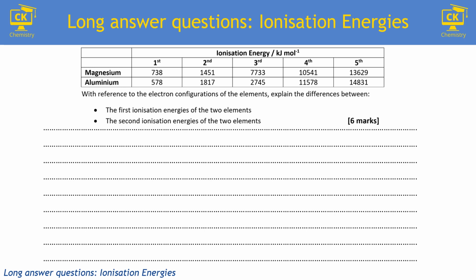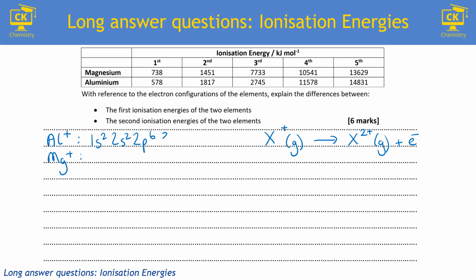Remember that second ionization energy is taking a 1+ ion and removing the next electron to form a 2+ ion. So we can look at what we start with. In both cases, 1s2, 2s2, none of this has changed, 2p6.